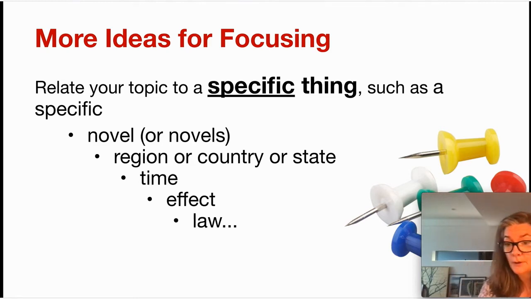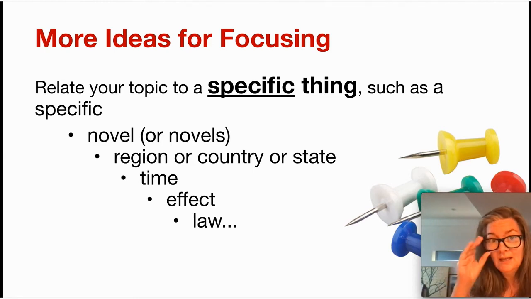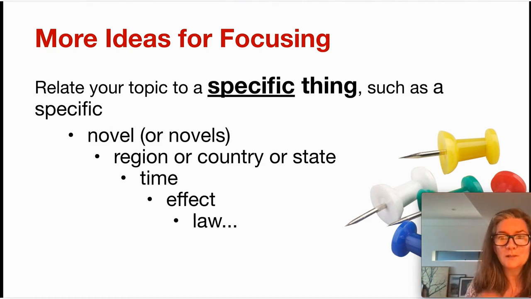As you're going through this, what you're really doing is tying your topic to specific categories of information. So it's like your topic plus what novel, or what novels, maybe to compare.